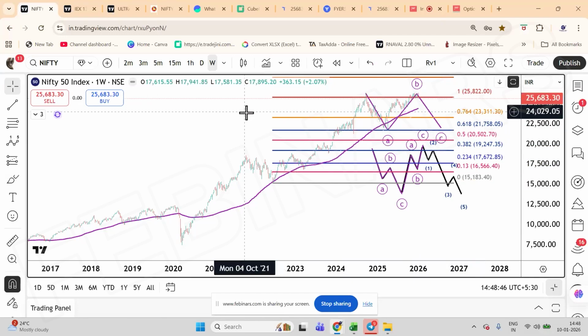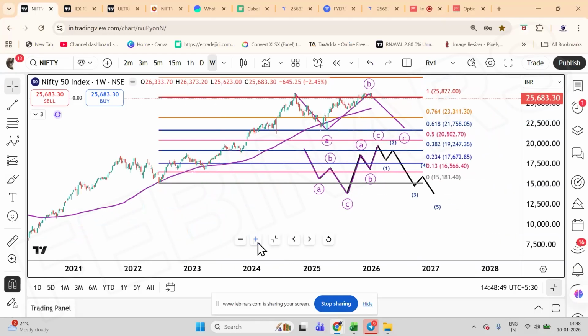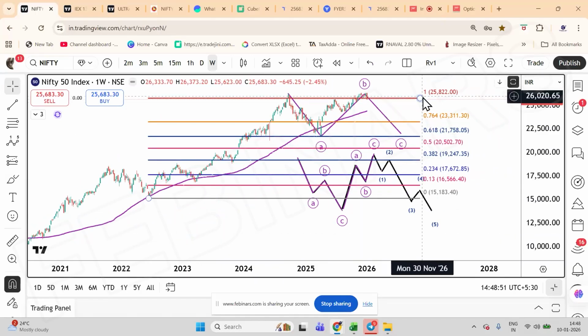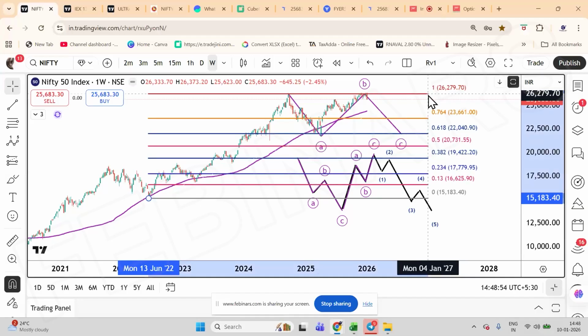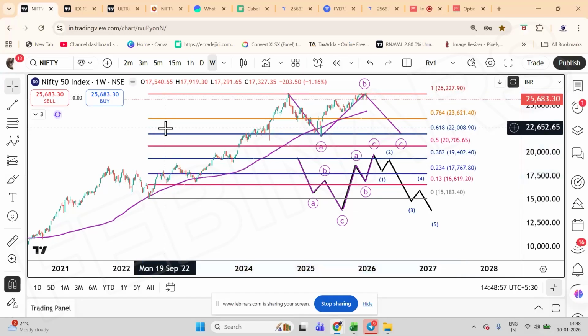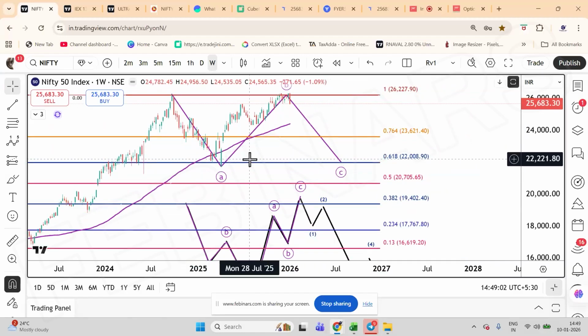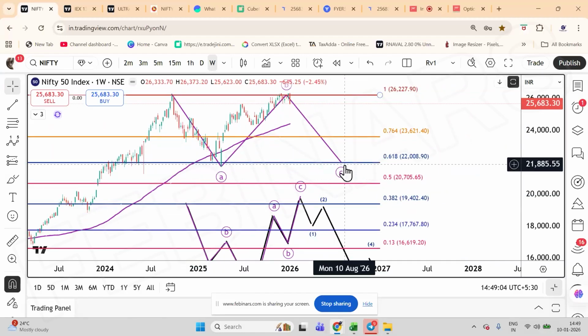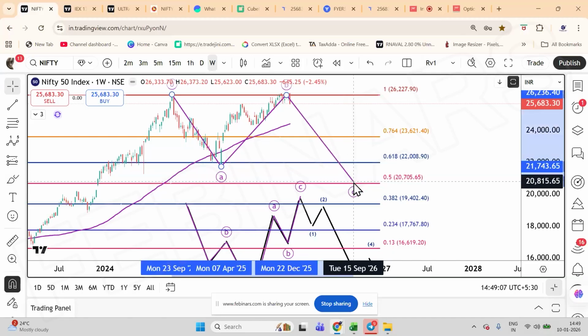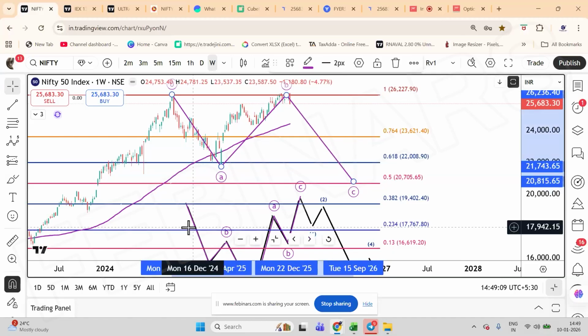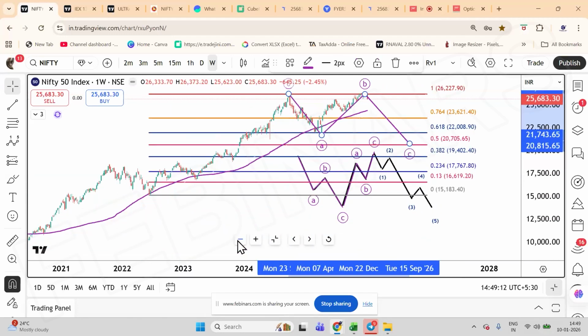The flat correction is what is happening in the markets. Even the 50% retracement could be possible, 20,800. This is the bold call I am taking, before the fresh high happens in the markets. This could be the probability for the Nifty, where the Elliott wave structure is hinting.